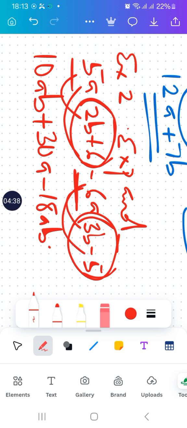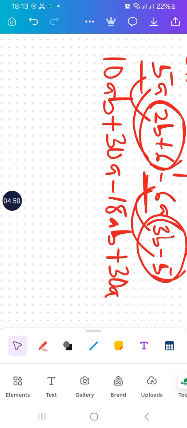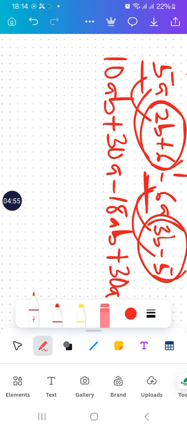Minus times minus will give us plus, then 6 times 5 will give us 30a. So we look at it critically and look at the expressions that look the same. You will see that this one is 10ab and this one is 18ab. They have the same thing in common. We can bring them together.